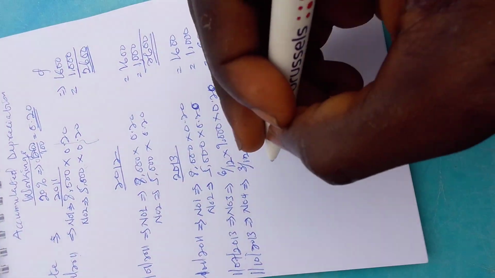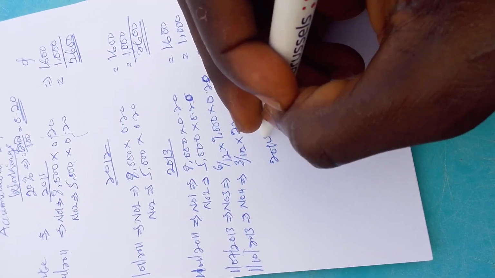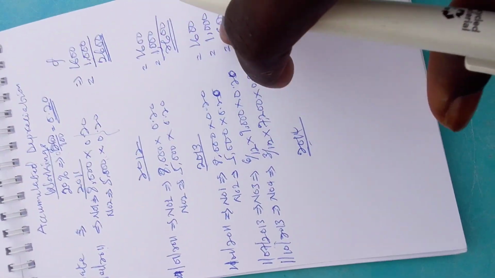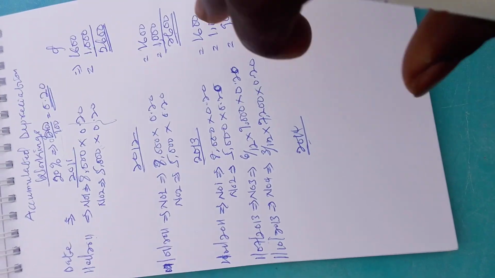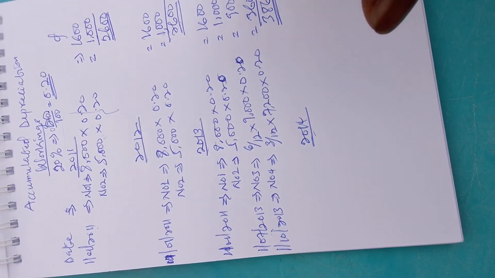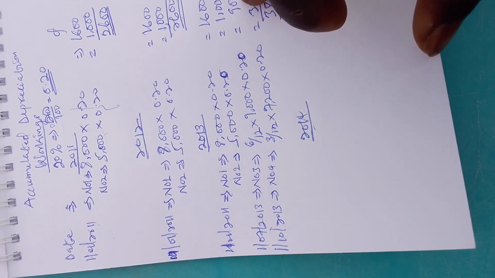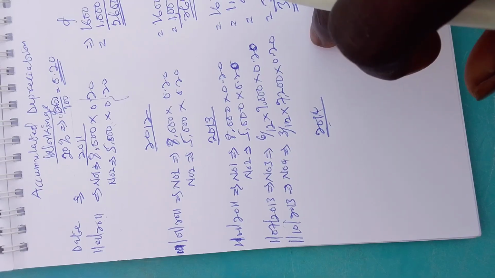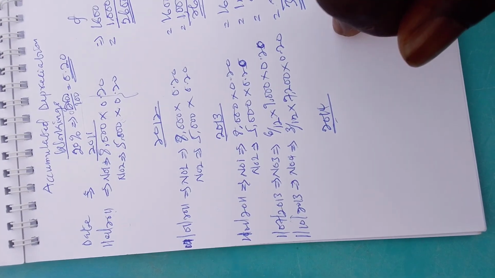So let's do for 2014. In 2014, no asset was purchased, but an asset was disposed of. An asset was sold. So since an asset was sold, we have to calculate for the number of months that it was used before it was sold.